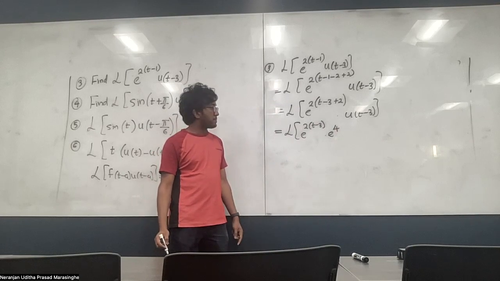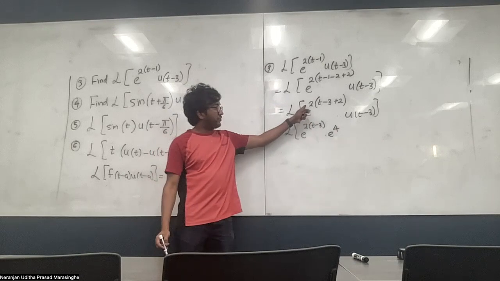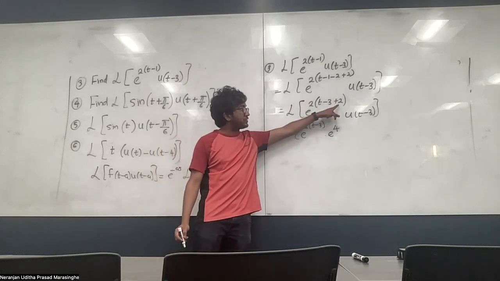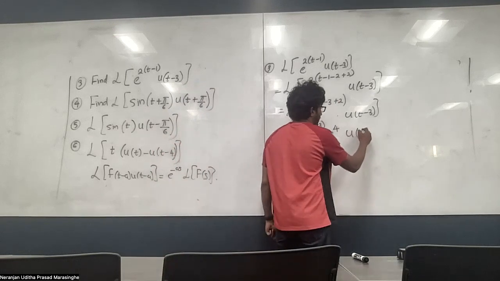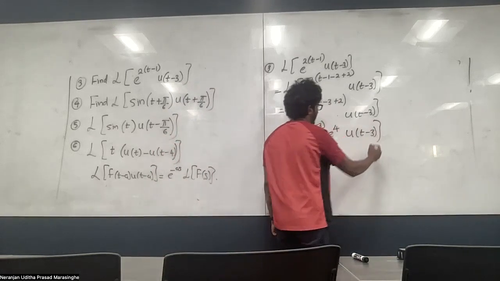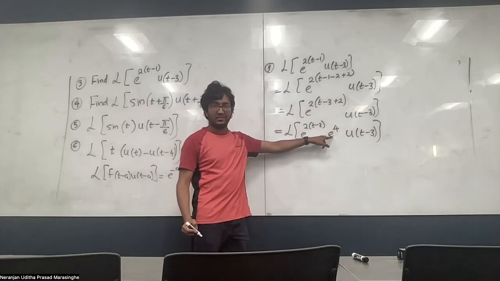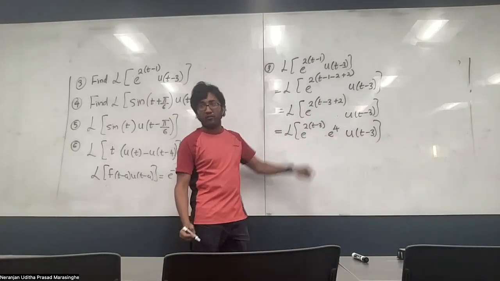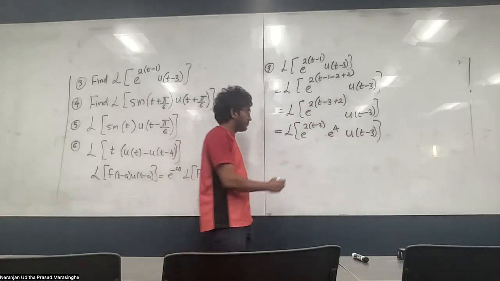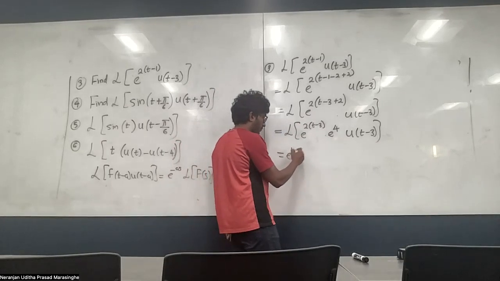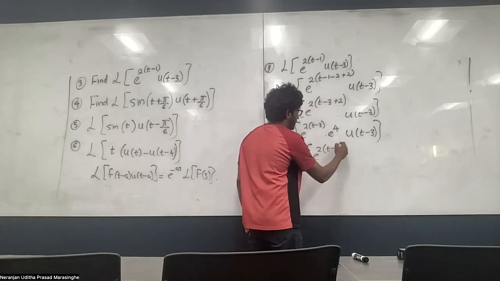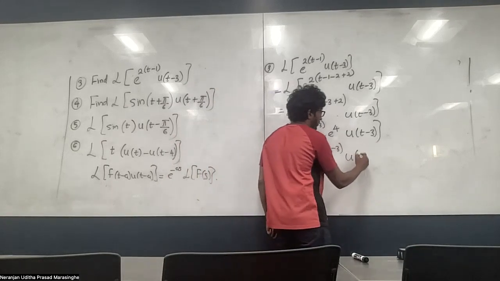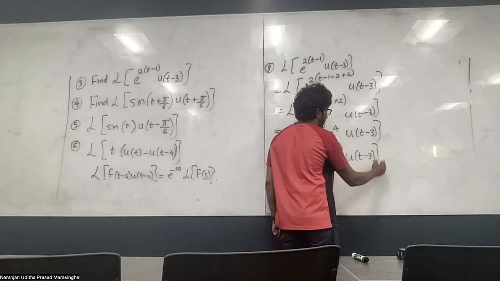Okay. So I have e to the 2 times (t minus 3) plus 2 times 2, u(t minus 3). Right. Now e to the power 4 is a constant. Right? e to the power 4 is a constant. I would take that out. e to the 2(t minus 3) u(t minus 3).